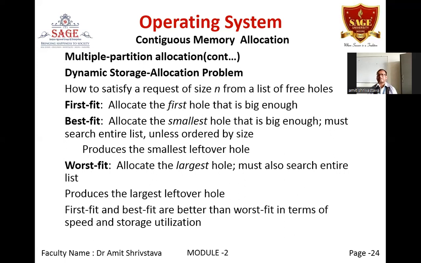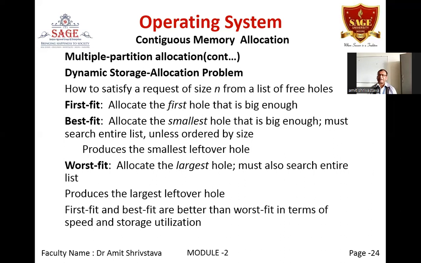I've got holes of size 10 KB, 20 KB and 30 KB. Process size is 15 KB. If I use best fit, I will be allocating the 20 KB hole. So I'm left with only 5 KB of memory, right? Out of 20 KB after allocating 15 KB to the process. So this 5 KB may not be large enough to accommodate any other process.